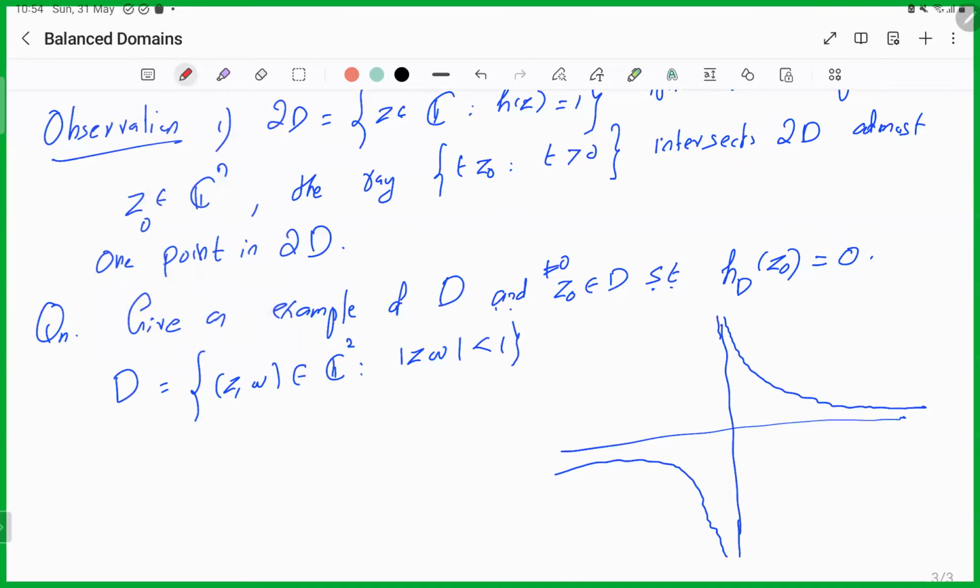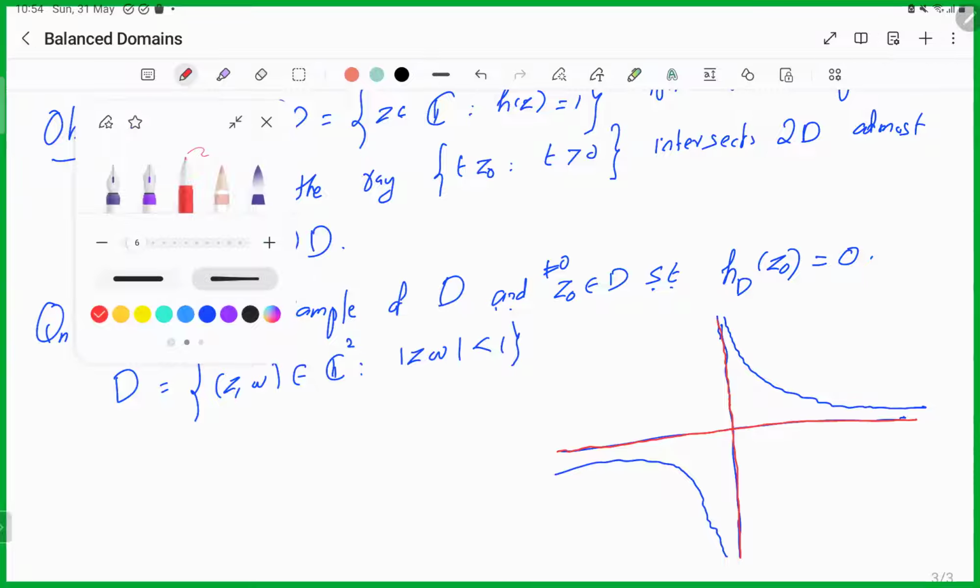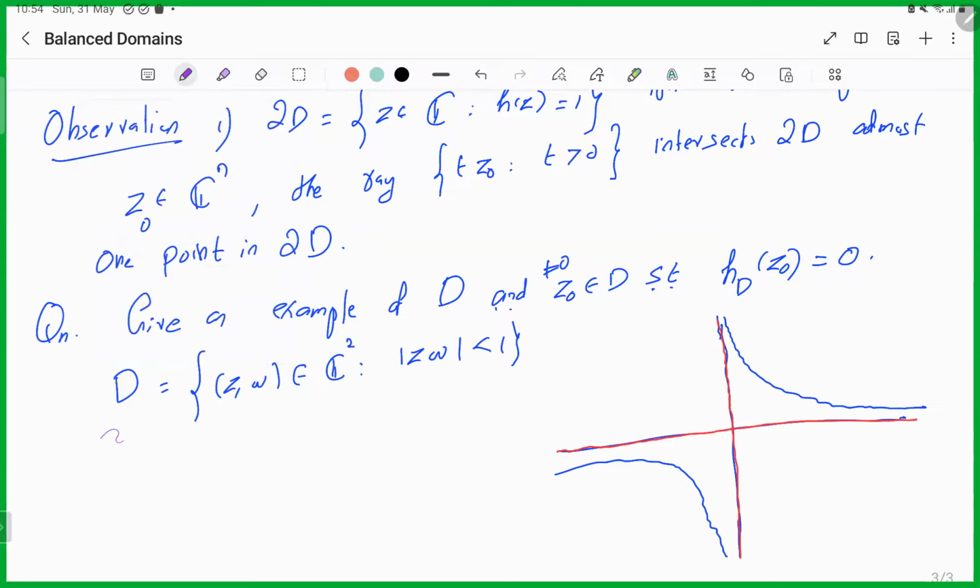Look at this axis. This axis is contained in D, but it does not intersect the boundary of D. The axis Z equal to 0 and W equal to 0 does not intersect the boundary.